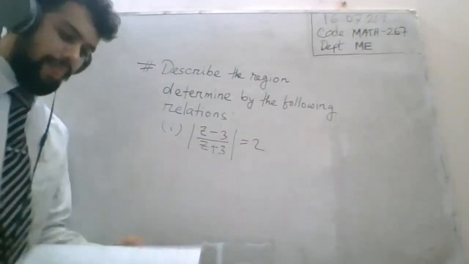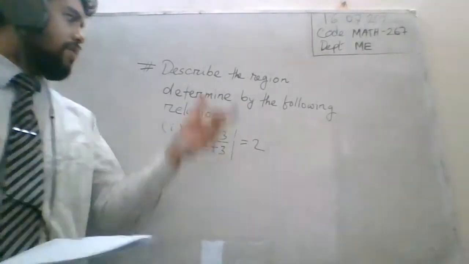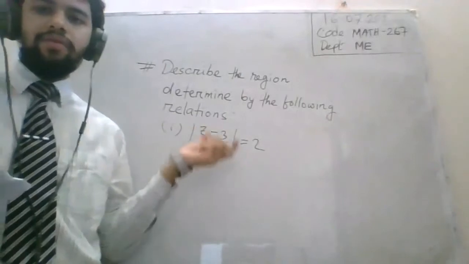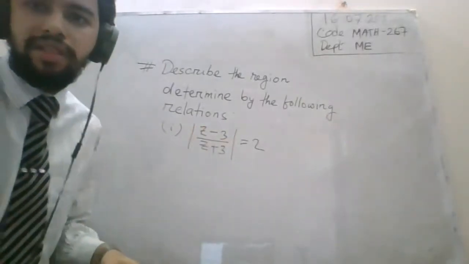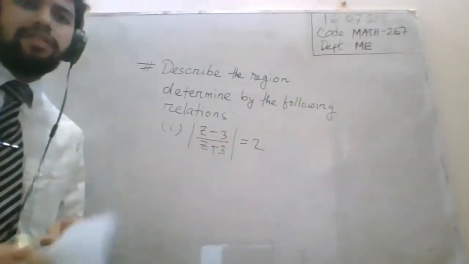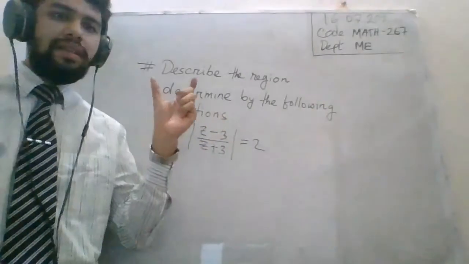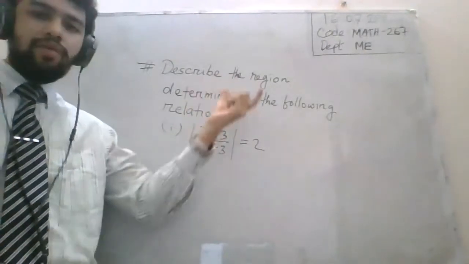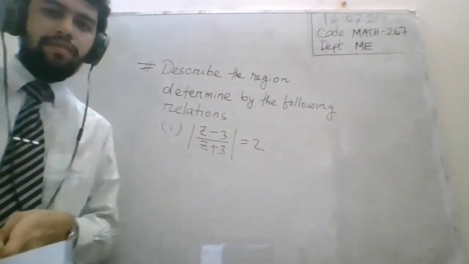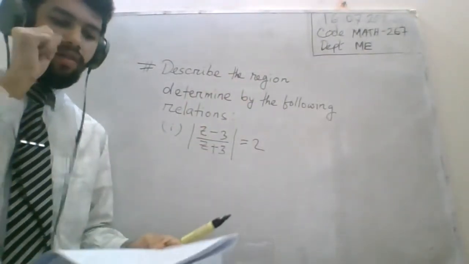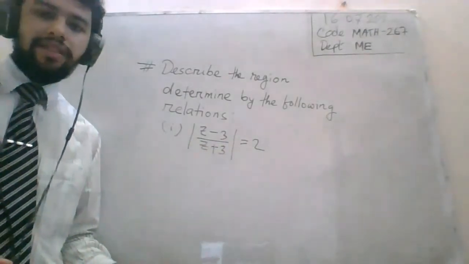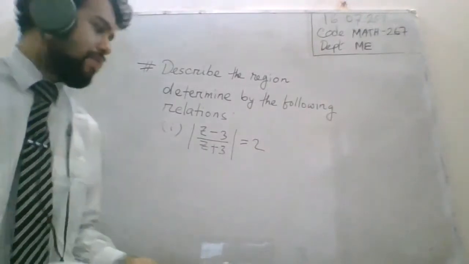Describe the region determined by the following relations. Okay, we have to show the region of this equation. So the region means you have to find the area as a shaded region. All of you know, we have to describe this region using graphical representation. At first we have to analytically solve it, and then we can show our graphical representation.